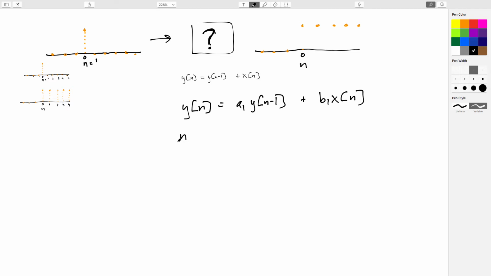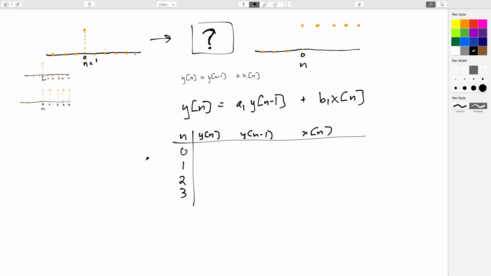We could say n is going to be 0, 1, 2, maybe 3, and fill in the values for y of n, y of n minus 1, and then x of n. And what we can do is just fill in each value for the inputs and outputs.